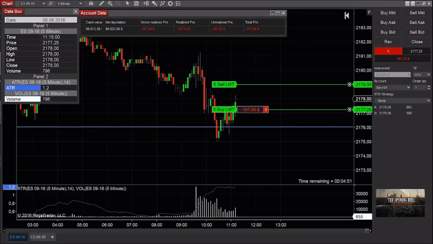You could also use indicators where you break out of, such as some channels, for example. But here I chose something which is, I think, very common and very familiar to many other people as well, which is the breakout out of this pre-opening range, which is 2176 in this case, and also the breakout out of the opening range, which is actually decided by now.